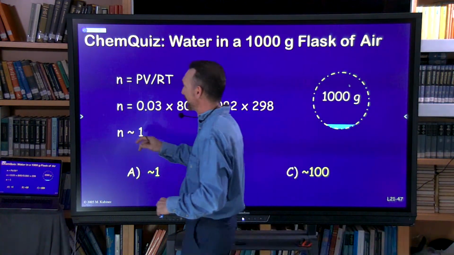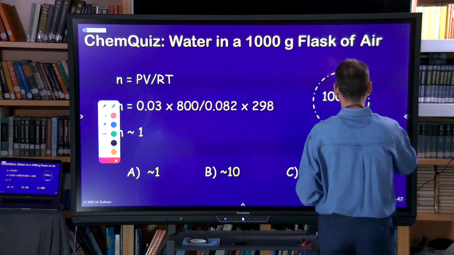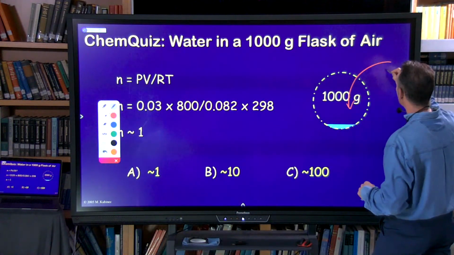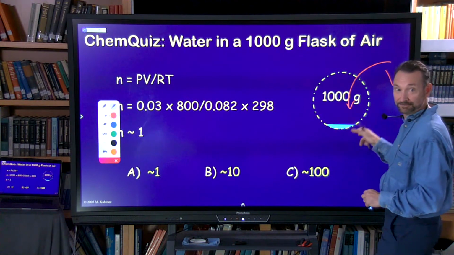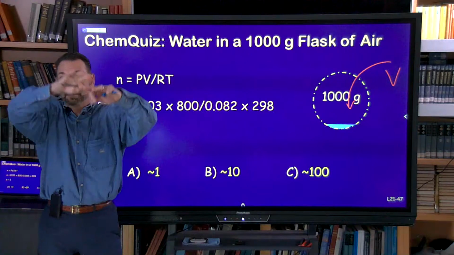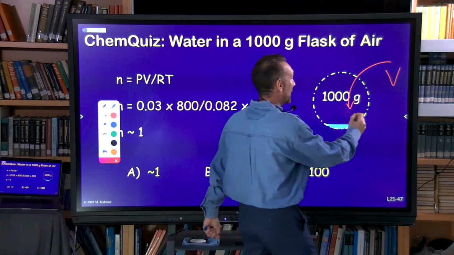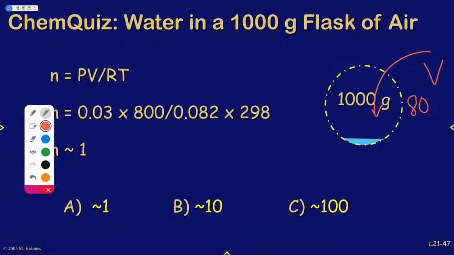We'll work through this one together. We just calculated what this volume is. So you take a chunk of air until you get 1,000 grams. How big a chunk of air do you have to carve out? You have to carve out about 800 liters to get your 1,000 grams of air.